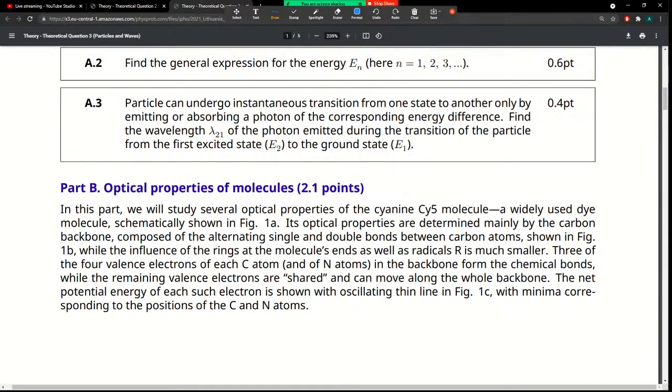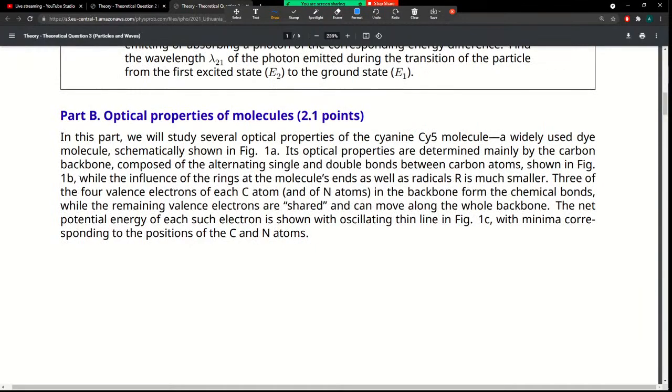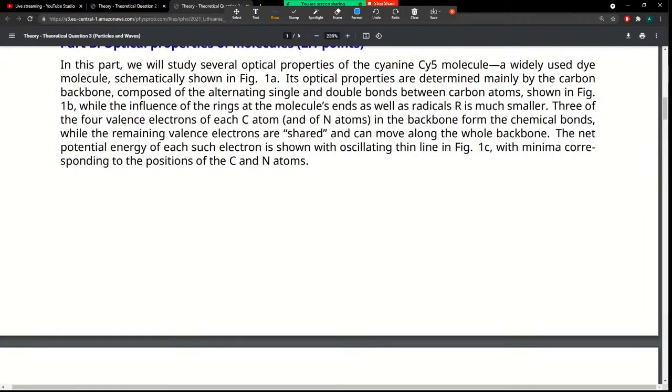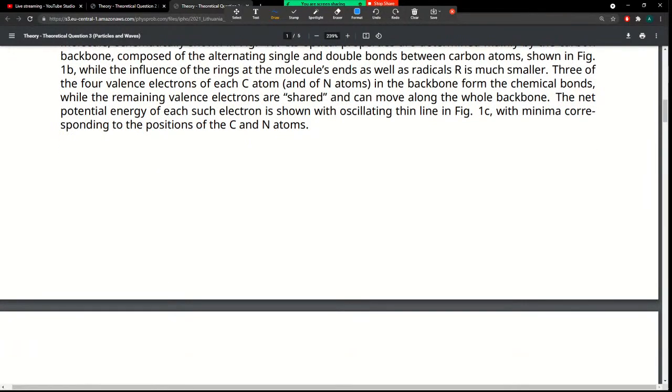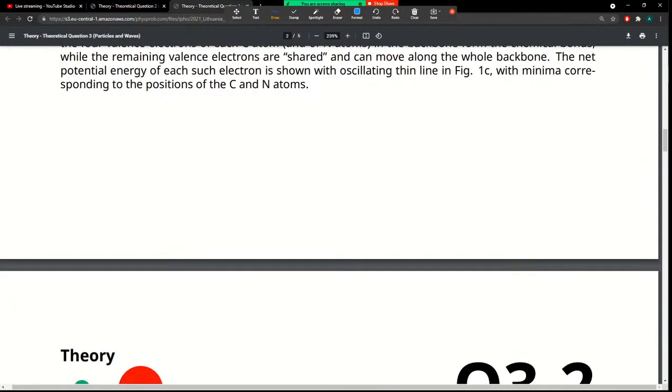Its optical properties are determined mainly by the carbon backbone composed of alternating single and double bonds between the carbon atoms, shown in figure 1b. While the influence of the ring at the molecule as well as radicals is much smaller, three of the four valencies of each carbon and nitrogen in the backbone form the chemical bonds.